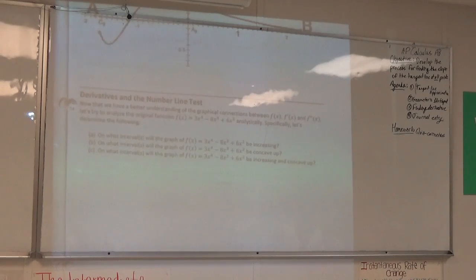Great. You know how to find f prime. Take like 5 seconds. F prime is 12x to the third minus 24x squared plus 12x. Great. That's true. Now all I need you to do is figure out where that is greater than 0.